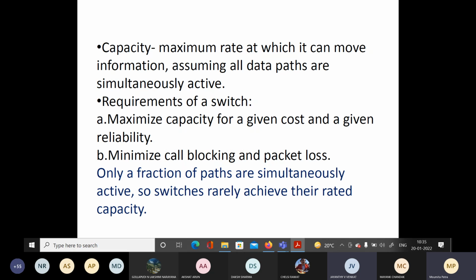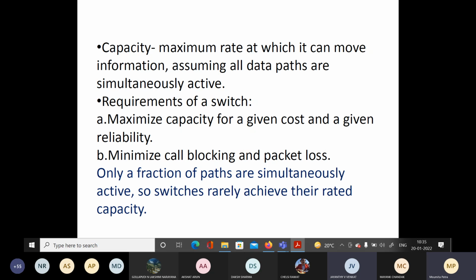And what are the requirements then for a switch? Capacity is the scenario where we are saying how much maximum amount of data can be transferred by a switch.